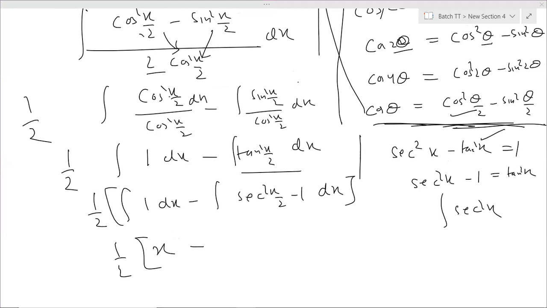Any warrior who remembers the formulas? So integration of sec square x, yes, tan x. Absolutely correct. So for sec square x by 2, just multiply with the coefficient. Coefficient here is half, so 2 tan x by 2, right?